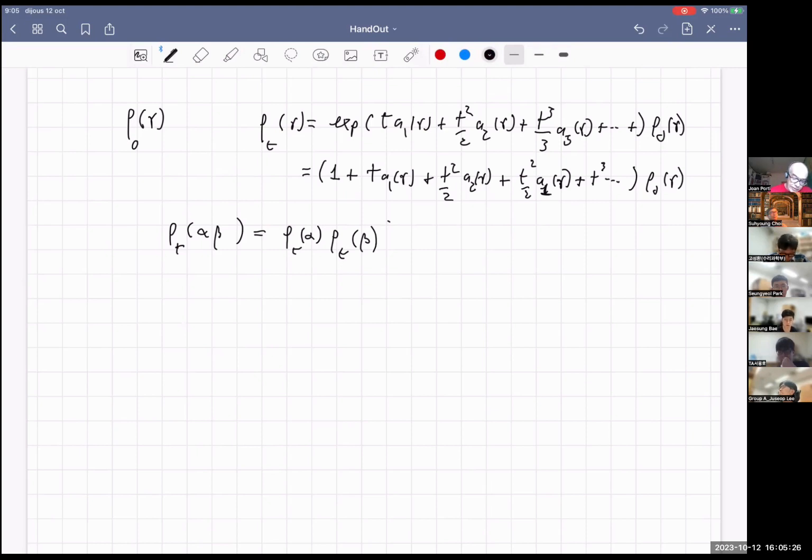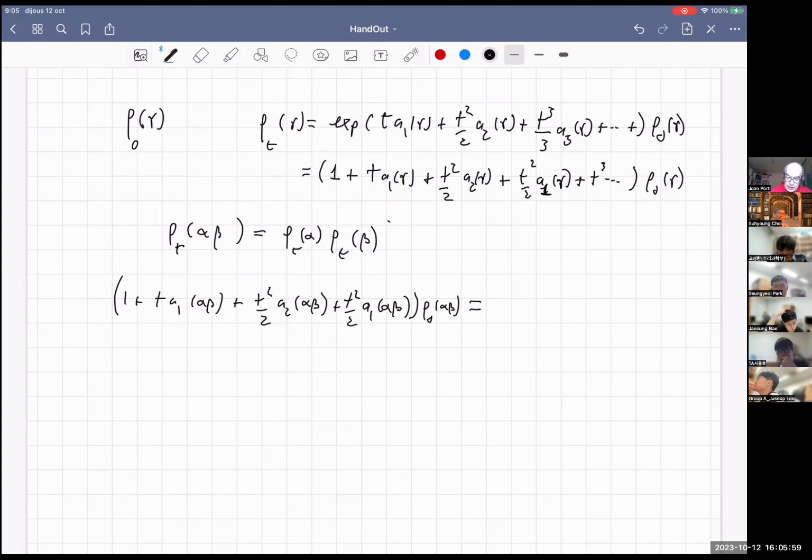So on the left, I have 1 plus t a1 of alpha beta plus t squared over 2 a2 of alpha beta plus t squared over 2 a1 of alpha beta squared. And then I have higher order terms that I don't write. All this times rho 0 of alpha beta.